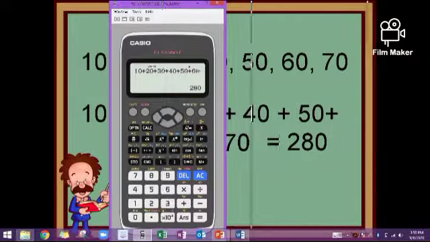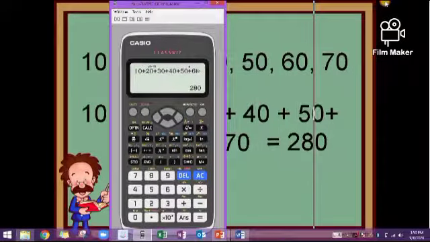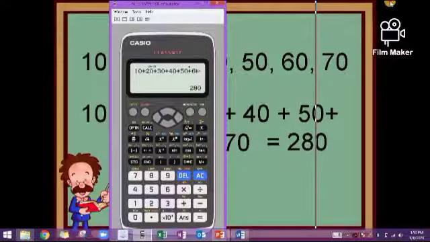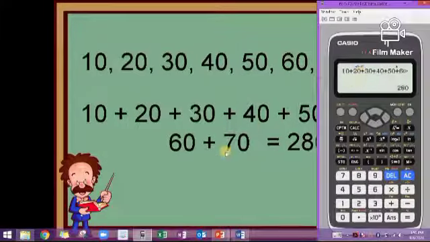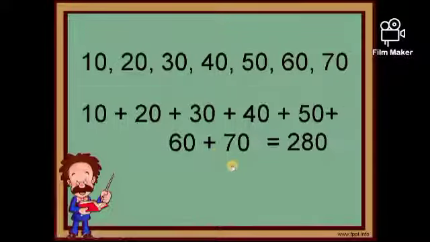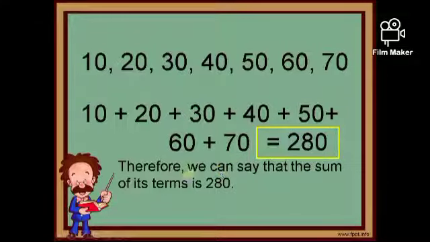So make sure that your answer is correct before you submit it to your respective teacher. Okay? So let's proceed. Therefore, we can say that the sum of its terms is 280.